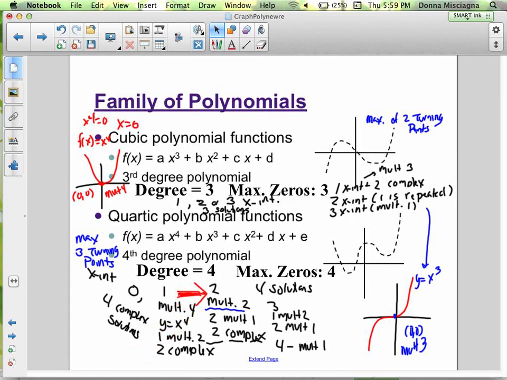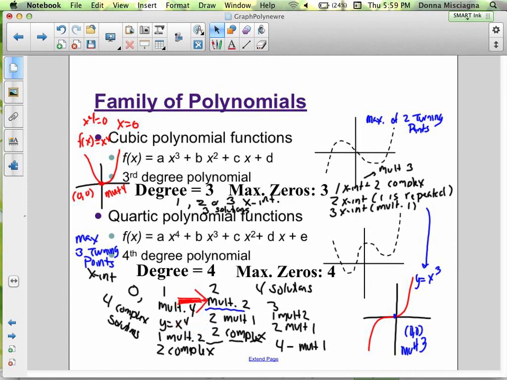You can have 2 x-intercepts if they're both multiplicity 2. You have 2 with multiplicity 2. Or you can have 2 with multiplicity 1, and then 2 complex. So these are 2 different ways here.